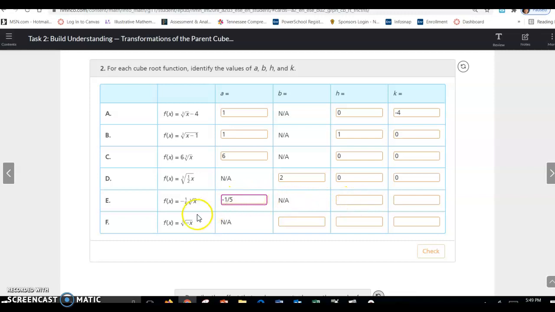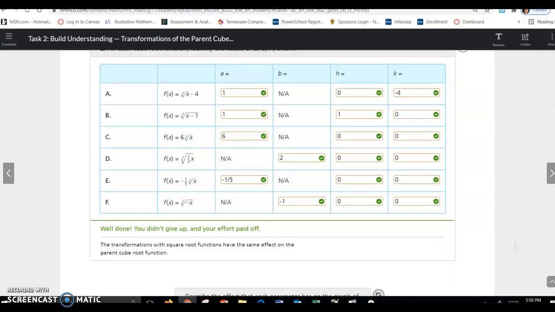And then there's no b, and there's no h or k, so 0 here and here. For this one, there's not an a. We'd assume it to be a 1. I don't know why they put NA there, but we are going to put negative 1 for our b, and there's no h or k. So what we're doing is just identifying the a, b, h, and k for each one of these, and let's see what happens.